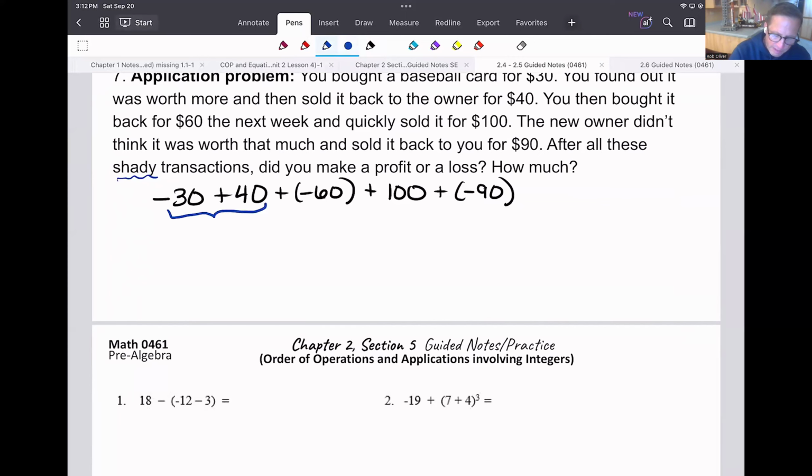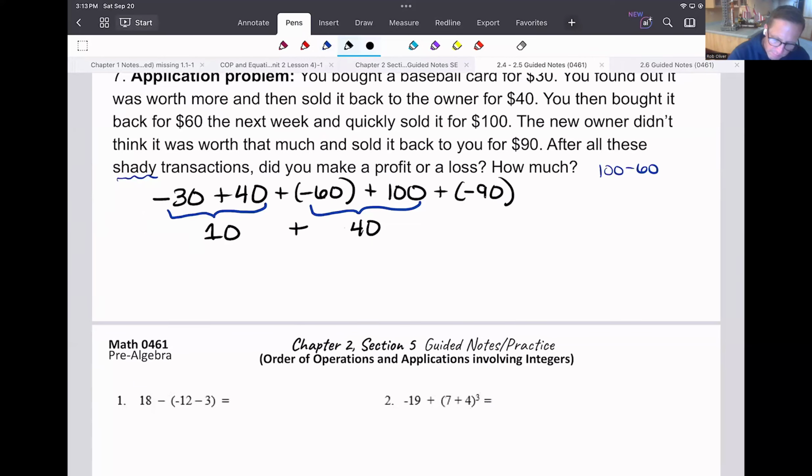Like right here, negative 30 plus 40, that makes 10, doesn't it? That makes positive 10. I'm going to break this up a little bit. All right, negative 60 plus 100, that makes 40, because you want to subtract them. Just think of that as 100 minus 60. And positives win, right? So I'm going to think of it as positive 40.